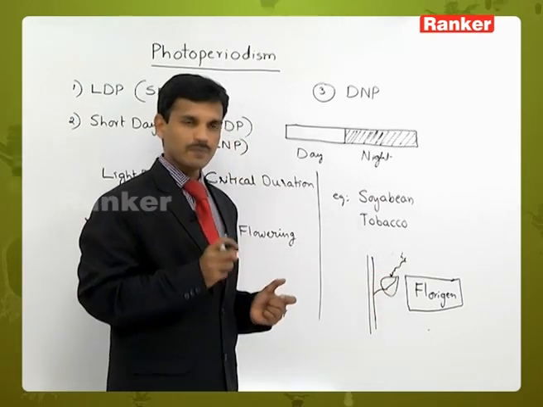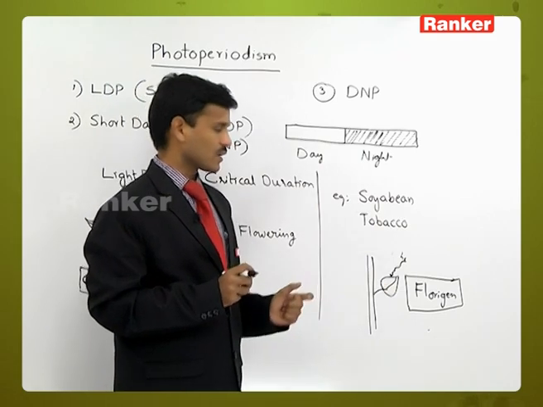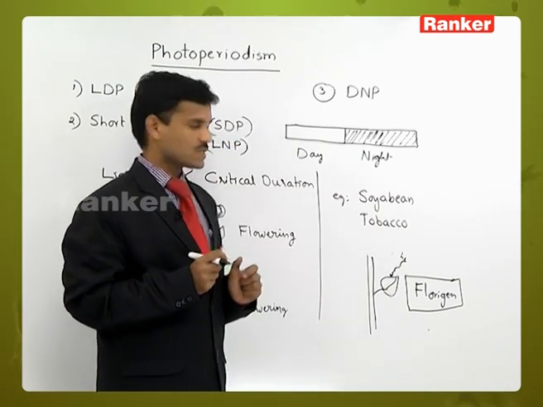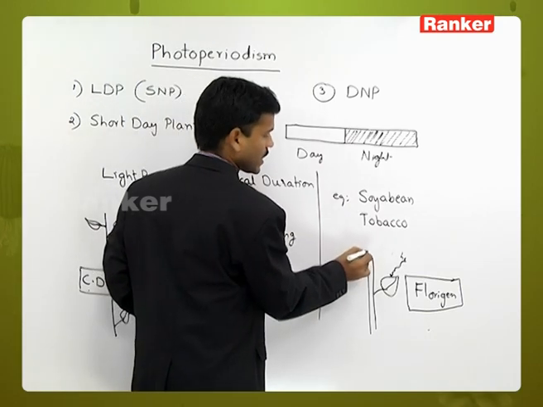So the light perceiving organs are leaves only, not the floral buds, inflorescence axis, or apical portion.